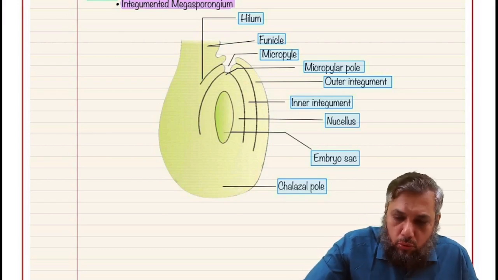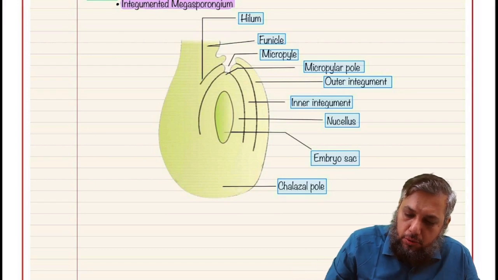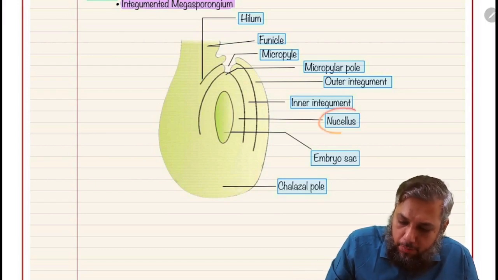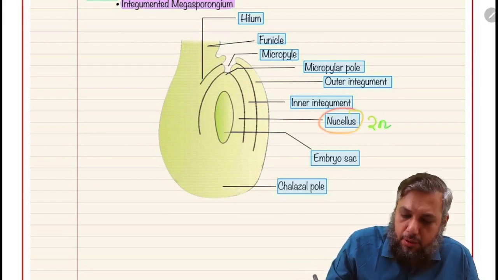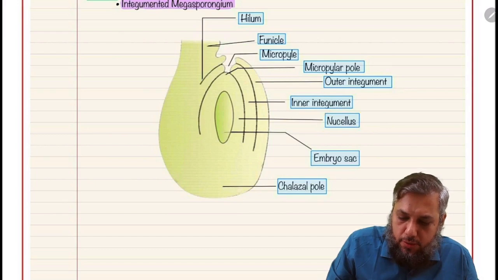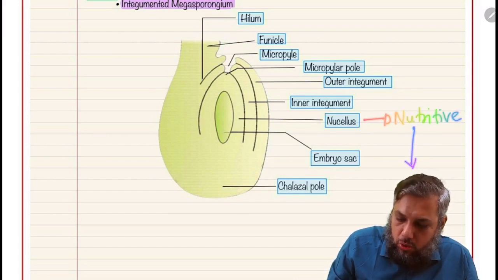In a typical ovule, we see the following parts. There is a central diploid mass of parenchymatous cells, which is called the nucellus. This nucellus is actually a nutritive tissue, and it is also called the megasporangium proper.